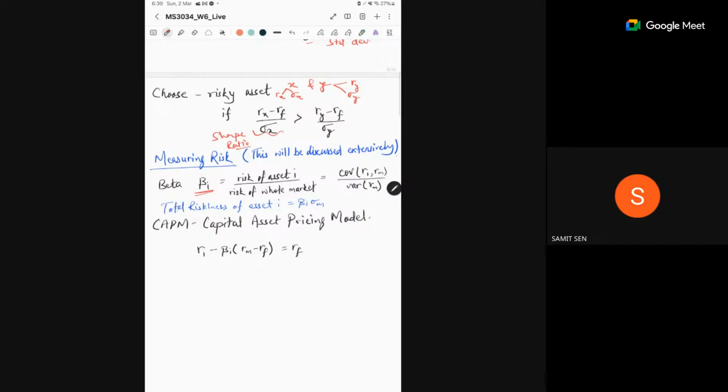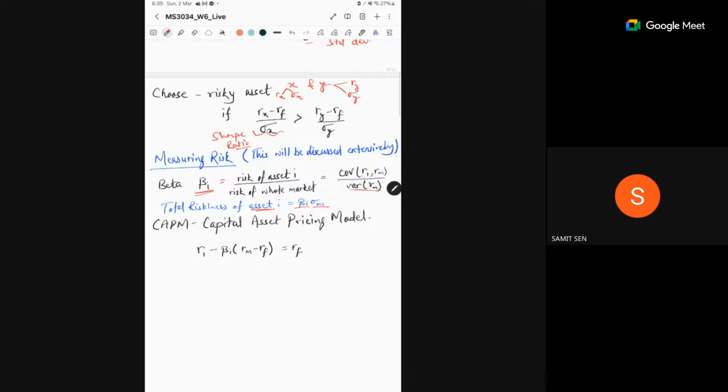So the total riskiness of this asset would be beta I times the market risk. And the risk of asset I, we denote by covariance of RI, RM, and for the whole market it is variance of RM.